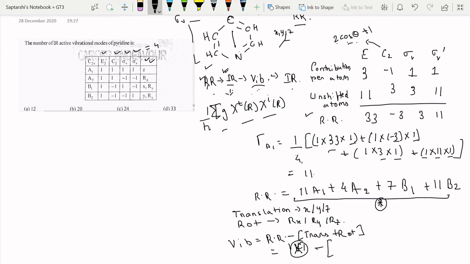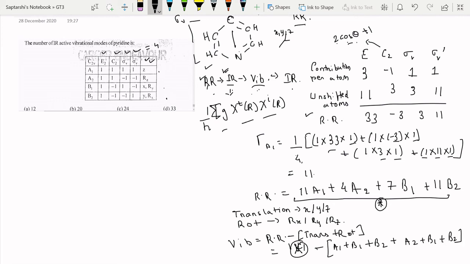Translation part over here we can see like Z, X and Y. So which are the ones? It's A1 plus B1 plus B2. And the rotational ones are which ones? Which have Rx, Ry and Rz. So it's A2 plus B1 plus B2.